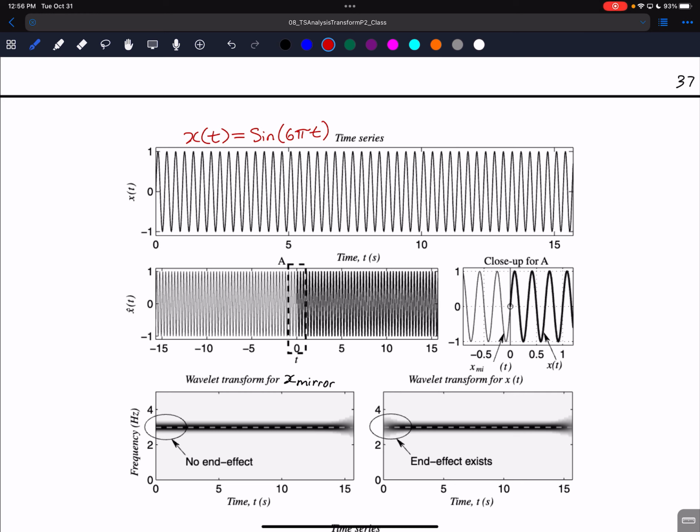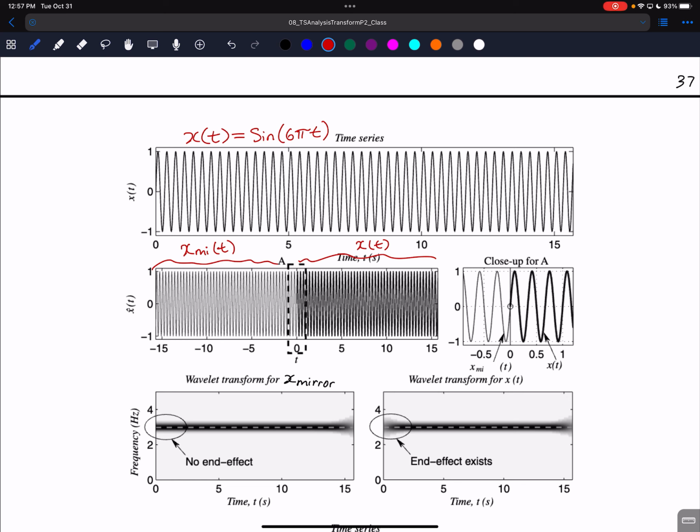Top plot we have the time series. Bottom plot we have our wavelet. We have the signal with the mirror extension. This portion here is xmi of t, and then from here on, this is x of t. And then to the right is a close-up of that.